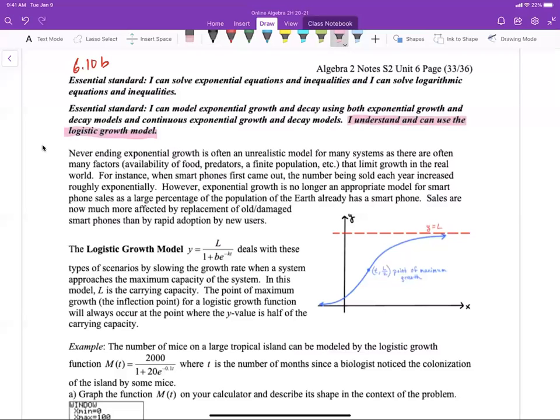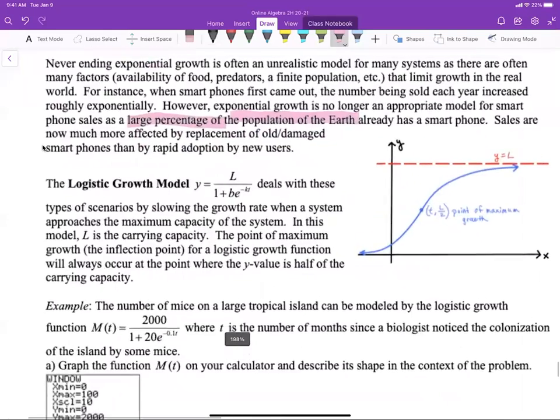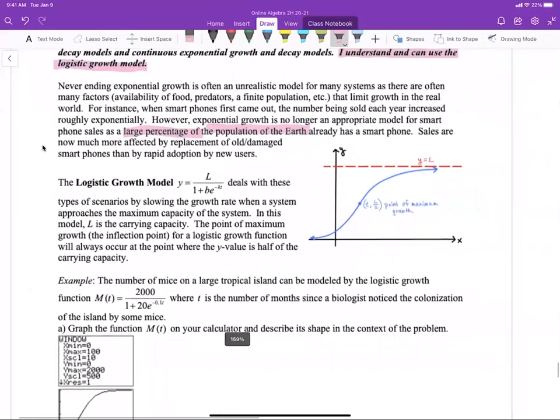A large percentage of the population of the earth now already has smartphones. So sales are now much more affected by replacement of an old or damaged smartphone than by rapid adoption of a smartphone by new users. Okay, so it is a perfect example for what we call the logistic growth model.